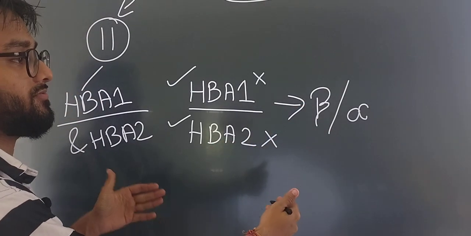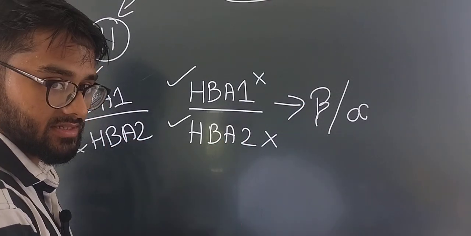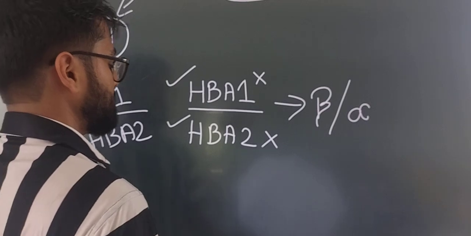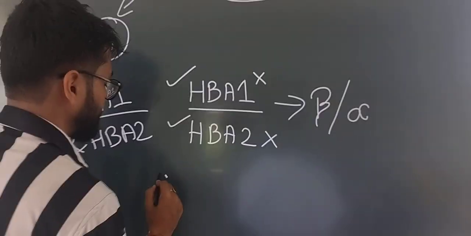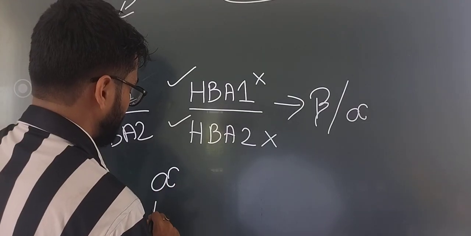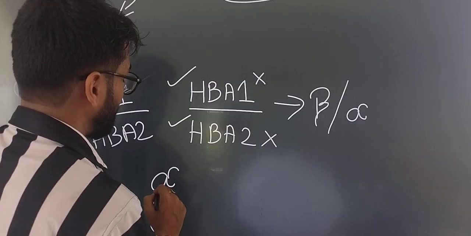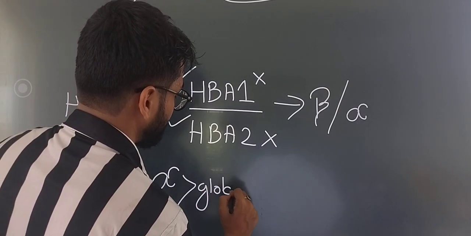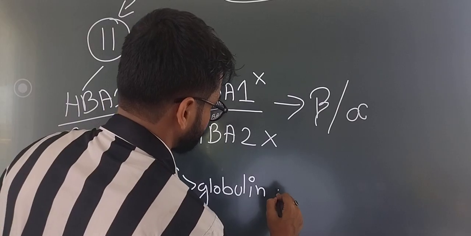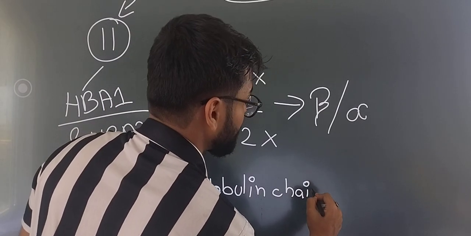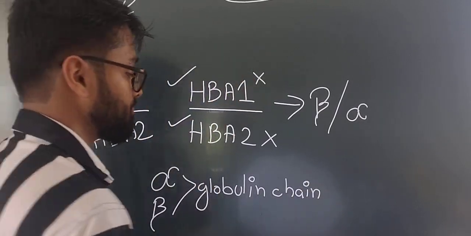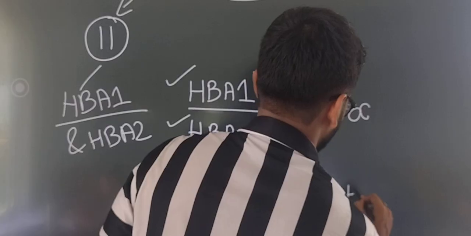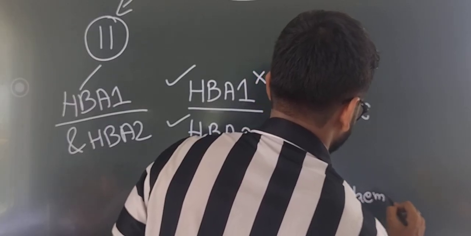That is the concept of minor and major. This simply creates faulty alpha and beta globin chains. Now where do you find alpha and beta globin chains? In your hemoglobin itself.